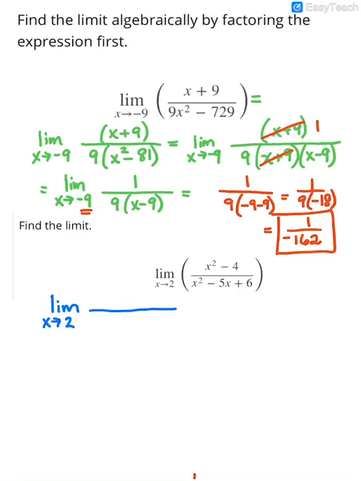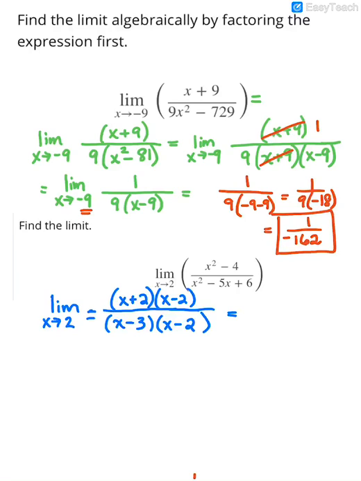So the top is a difference of squares. So that means on the top, we're going to have factors of x plus 2 times x minus 2. And then on bottom, if we factor x squared minus 5x plus 6, we're going to get factors of x minus 3 times x minus 2.